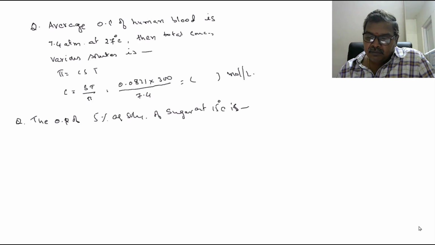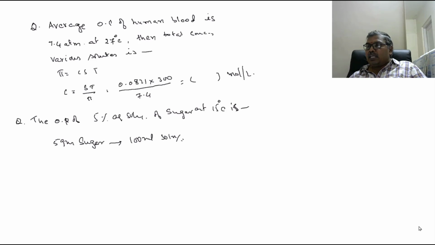That means 5 grams of sugar is in 100 ml solution. Suppose if the density of the solution is given, definitely you have to calculate the volume and weight of the solution. In osmotic pressure, we use the volume of the solution. Density is not given, therefore take it as weight by volume.